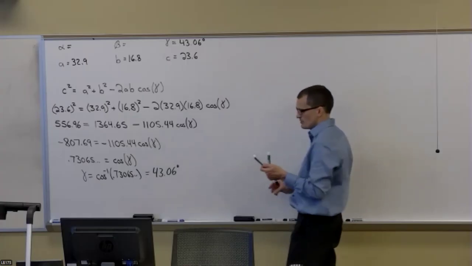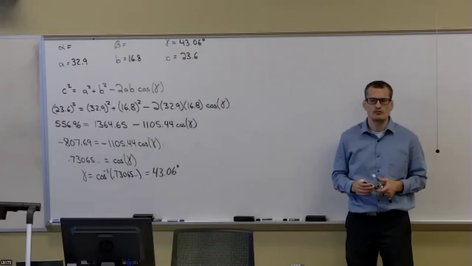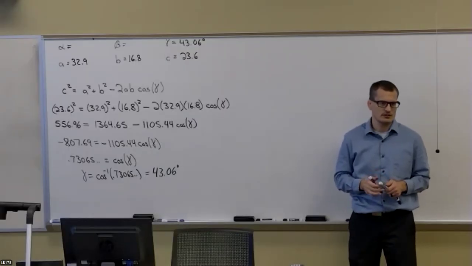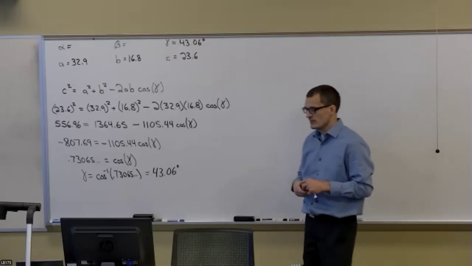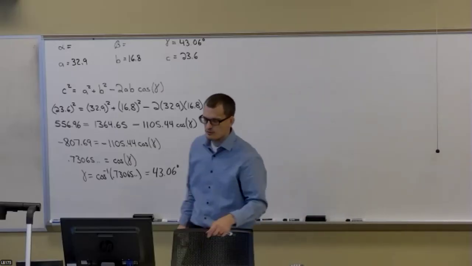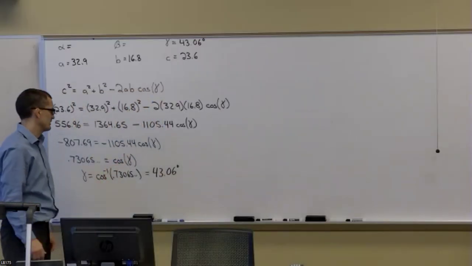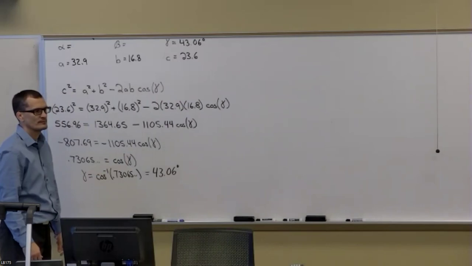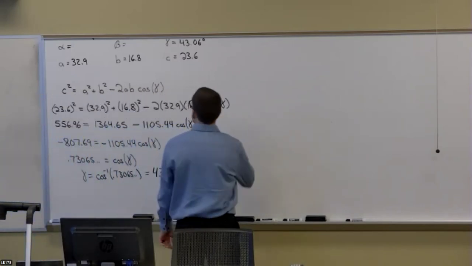So that's a long explanation to say we don't have to check supplementary angles on cosines. That's not one of those. Cosine inverse is well defined between 0 and 180, and again, you have something between 0 and 180. So there you go.